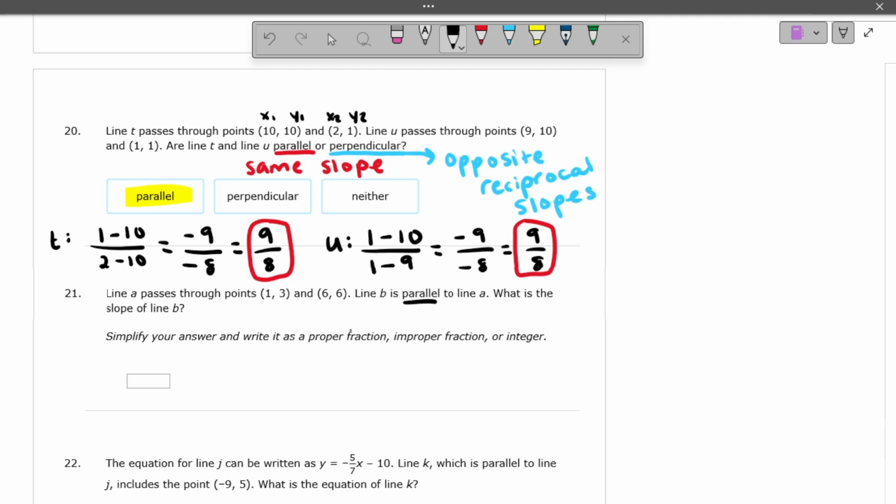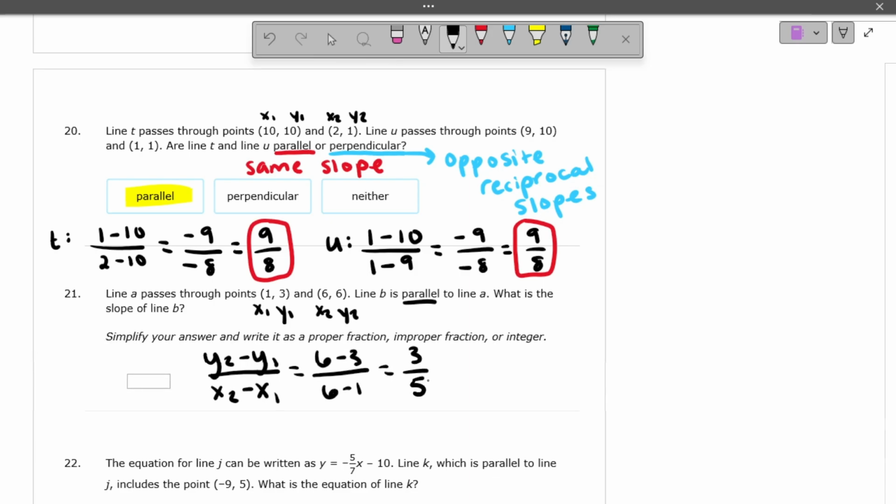We're not given the slope, but we are given 2 points. So we're going to use our slope formula of y2 minus y1 over x2 minus x1 and solve. So let's label x1, y1, x2, y2.